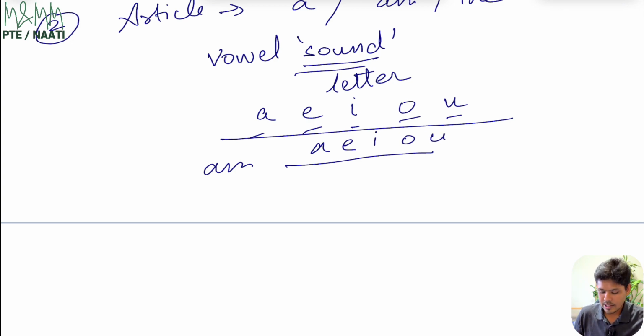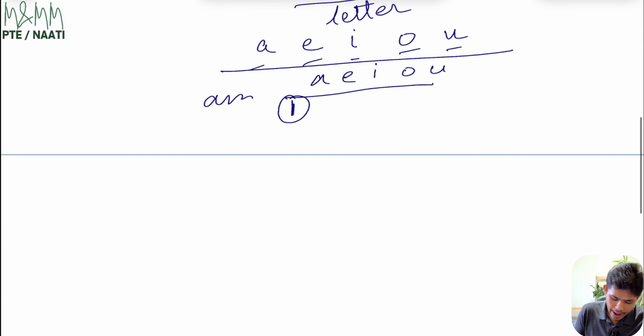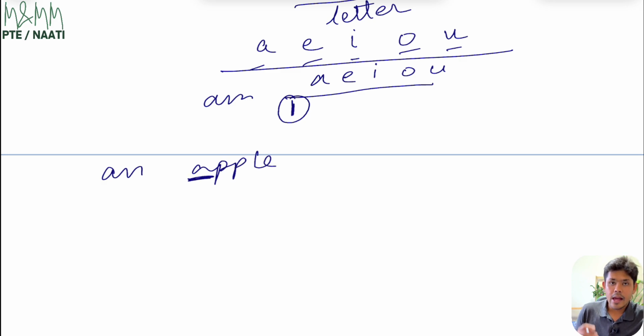That's not the case. Just based on the first letter, you don't decide that. It has to be a vowel sound. So if the start of the word sounds like A, E, I, O, U, that's when you put "an". Why do we write "an apple"? Apple, a.